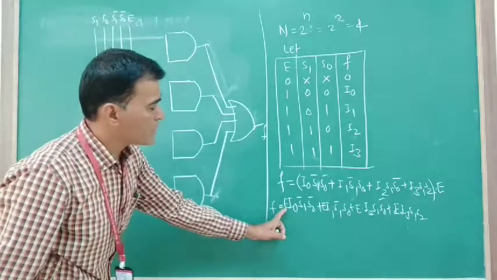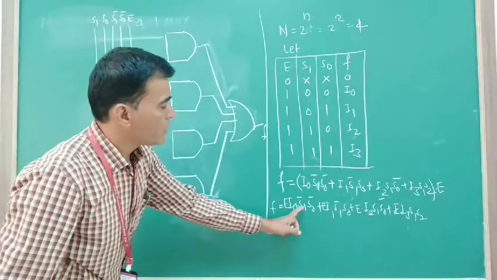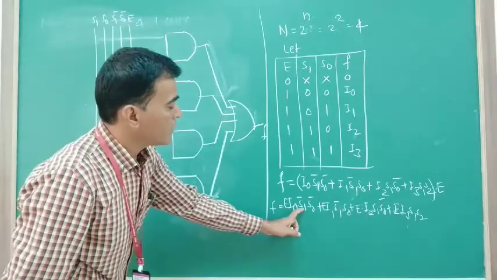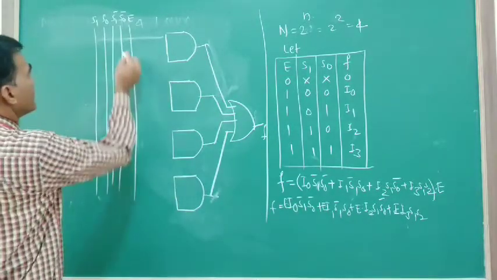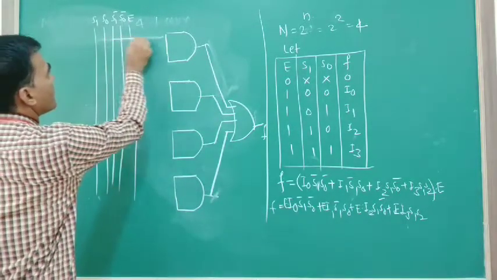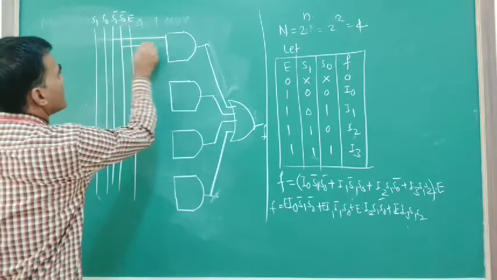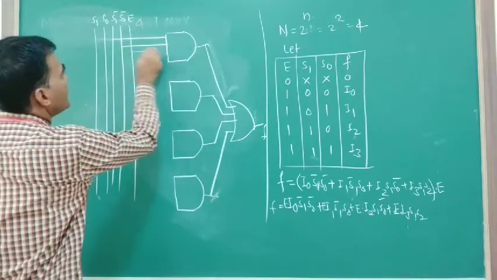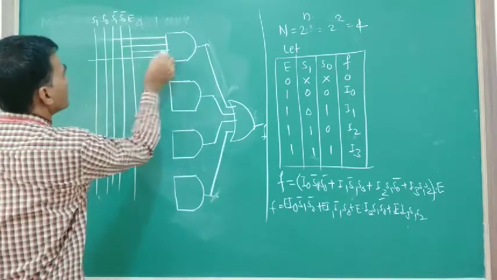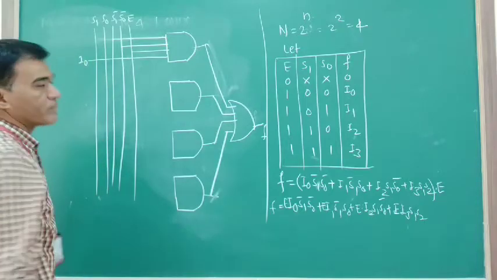Now here, what are the inputs? E, I0, S1 complement, S0 complement. So S1 complement, S0 complement, E is one input and another input is I0.